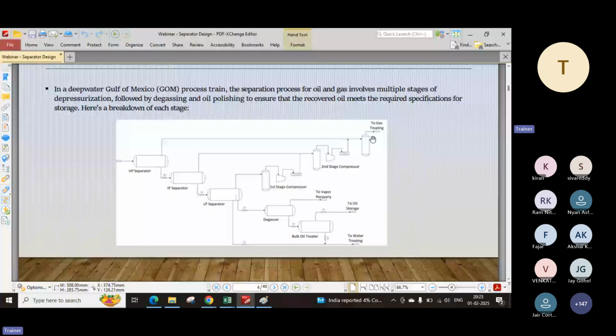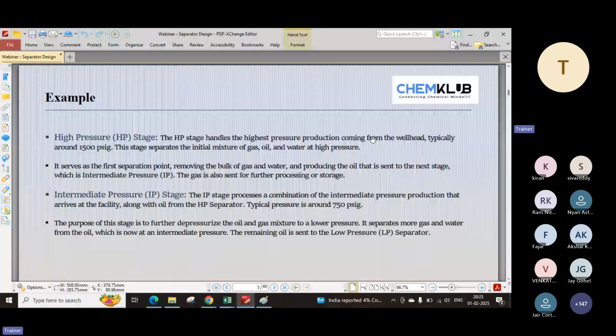Generally, when we are defining any separators based on its pressure, then it is called high pressure, intermediate or low pressure separators. General typical guidelines say that when you have a separator operating around 1500 psig, this is called an HP separator, and where it is operating around 750, that is intermediate.